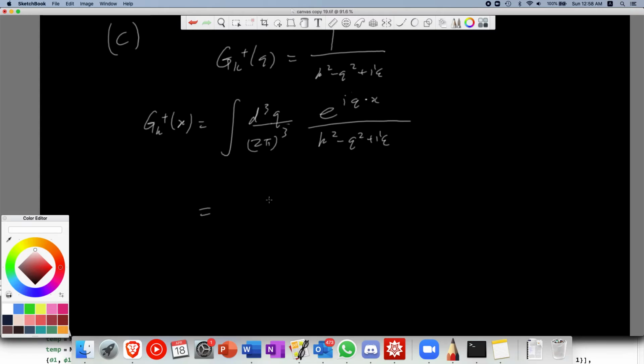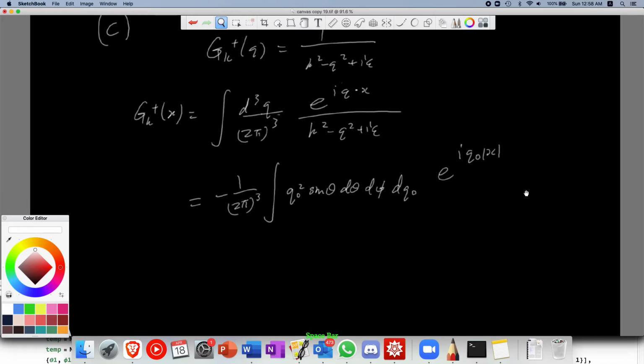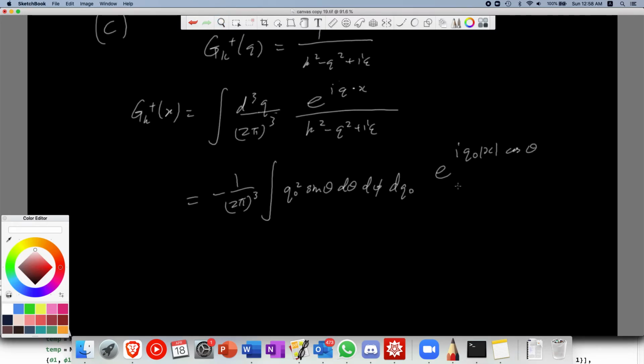So once again, switching to polar coordinates, we have minus 1 over 2 pi cubed, integral of q naught squared sine theta d theta d phi dq naught, and then we have e to the power of i q naught magnitude of x cosine theta over q squared minus k squared minus i epsilon.